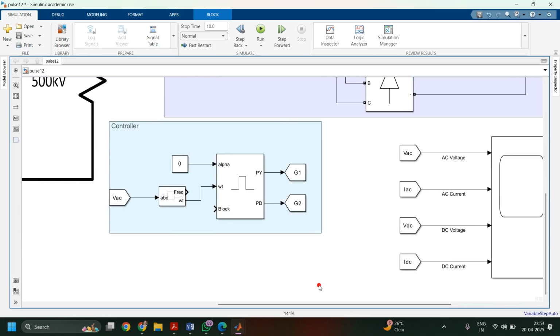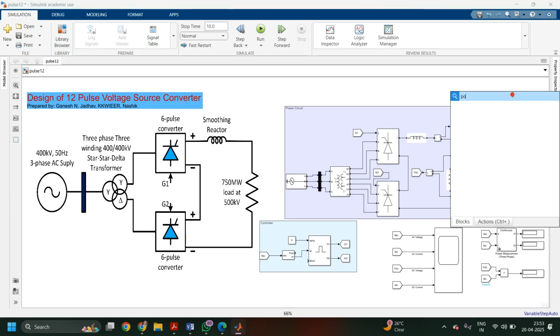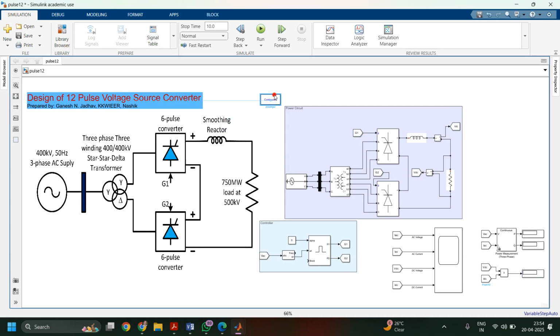Now we need the Power GUI block. So let us take the Power GUI. Okay, keep this Power GUI block here. Anywhere you can keep it in the circuit.